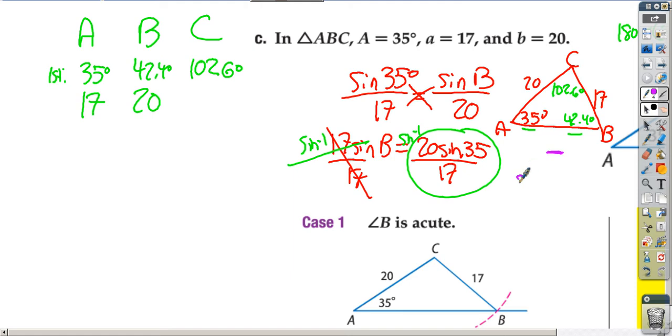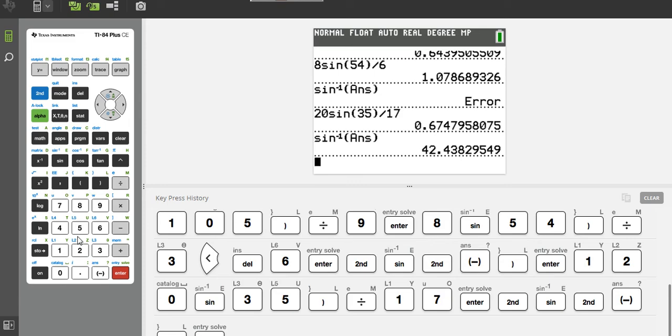So we could do the sine of 102.6 over its side equals the sine, let's say, of A over its side. And just to shortcut that, when you actually multiply this out, you're going to get 17 sine 102.6 divided by sine 35. I'm just skipping a couple steps there, but that's how you would end up solving for the missing side.